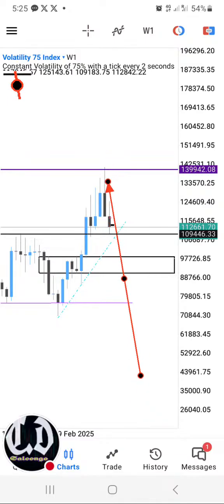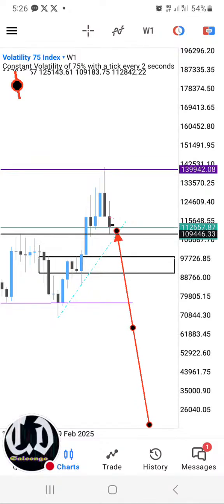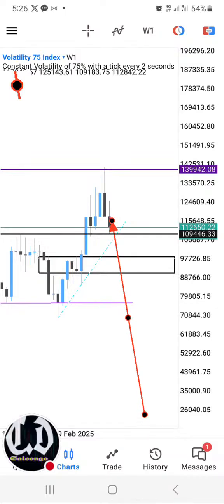The buyers tried to push, but were rejected. So around this area, I don't think the market will bounce from here. If it does bounce, it will just be a correction, and then we continue going down until we reach this area. This is what I'm expecting, though we can pull back up and then come back down.